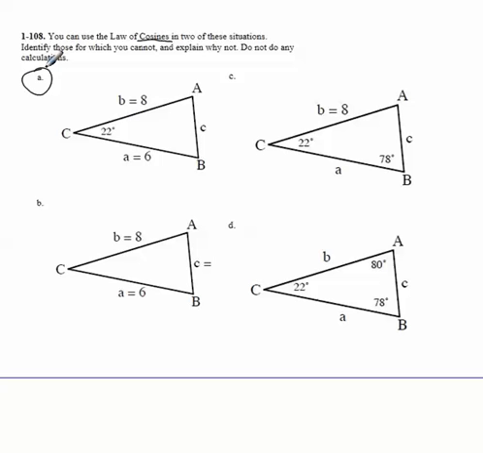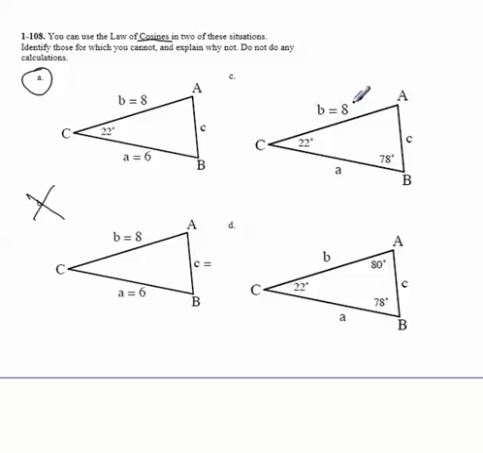On B, all we have is two sides. We have no angle. Since we have no angle, we're not exactly sure. This could be any measure, so we're not able to use the law of cosines there. In part C, we've got two angles right here and one side.